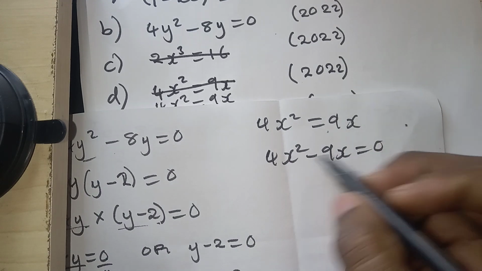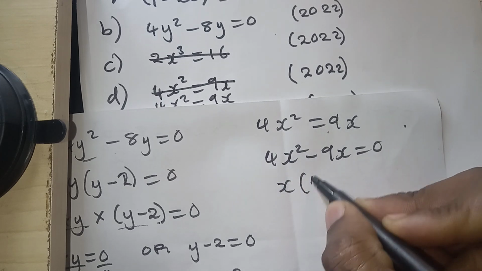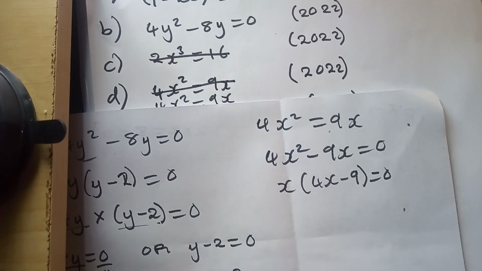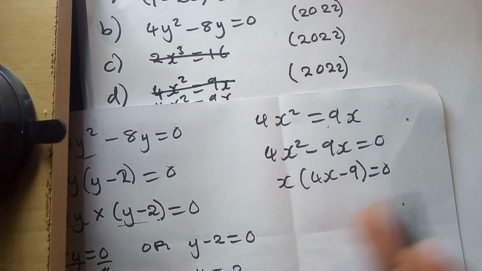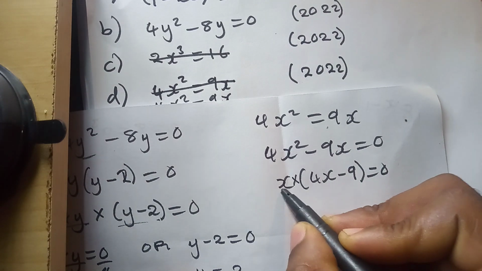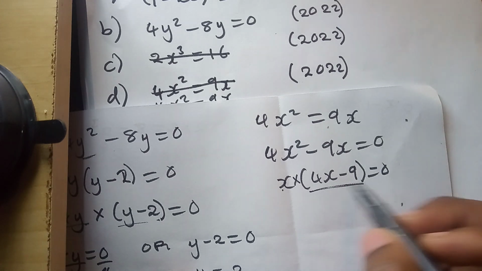And then you can factor out the x like this, and then this one will be 4x minus 9 is equal to 0. Once you have this, you can always conclude that when two numbers are being multiplied, this one is treated as a single number.